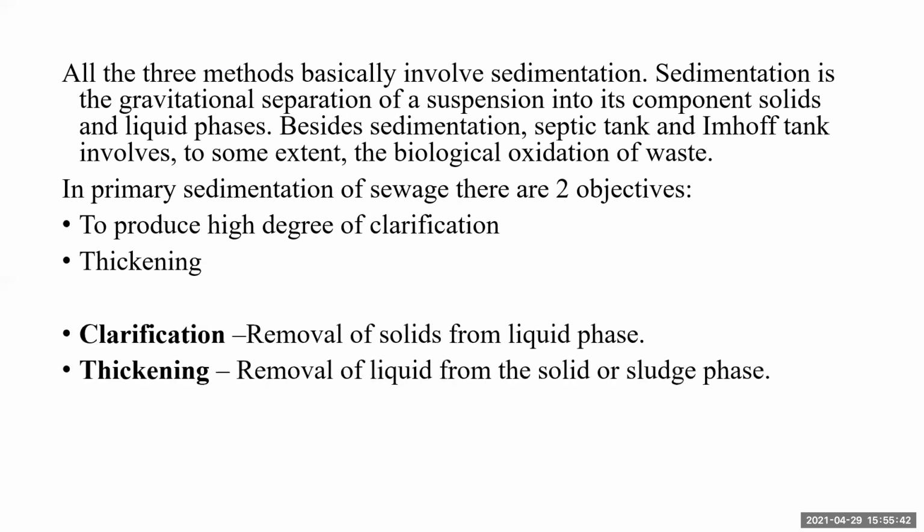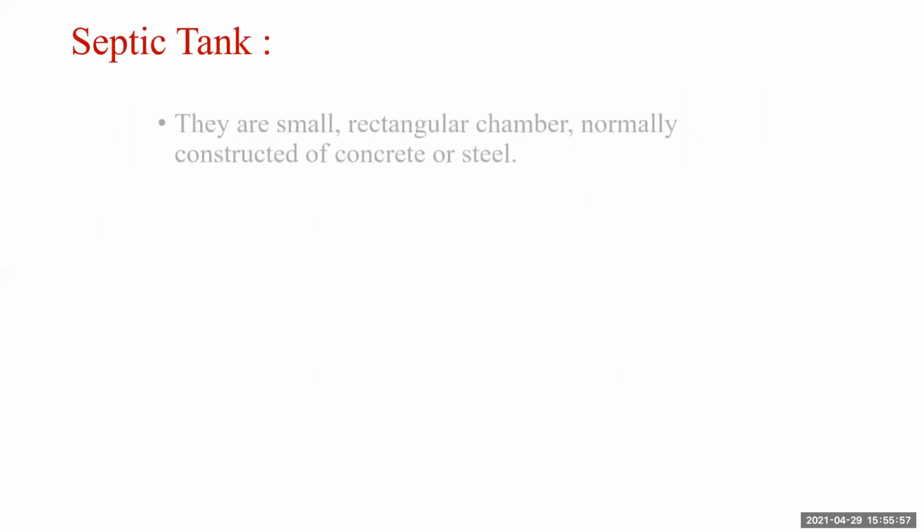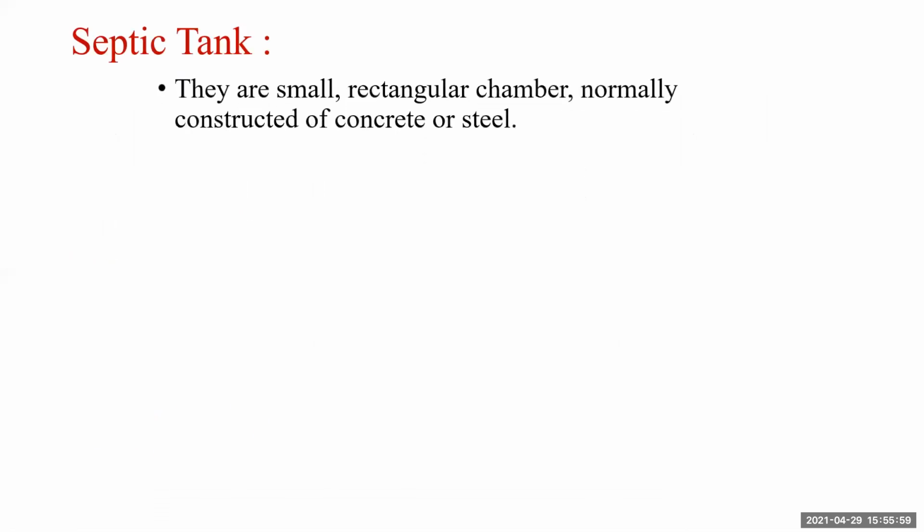What is clarification? Removing the solids from the liquid phase. So during sedimentation, we remove the solids from the liquid phase. Then thickening is the removal of liquid from the solid or sludge. So clarification and thickening are achieved in the primary treatment of sewage.